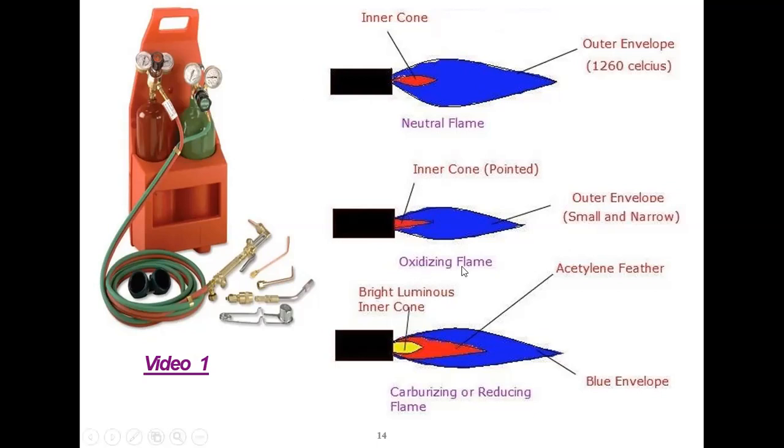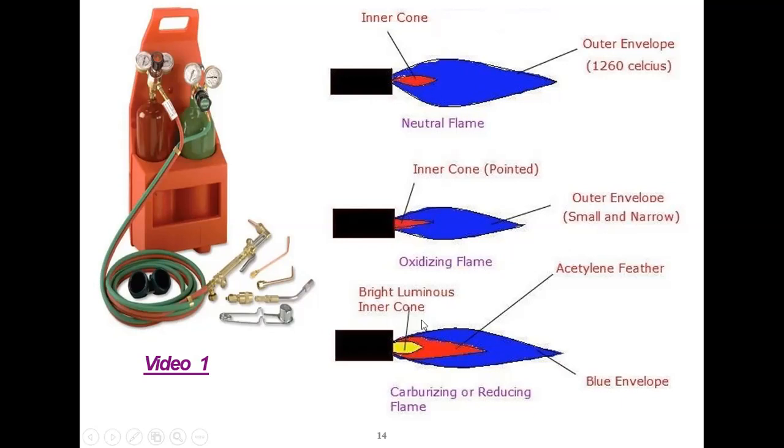In case of oxidizing flame, the percentage of oxygen will be greater than the percentage of acetylene. And in the carburizing flame we can see the reverse, that means the acetylene will be more with respect to the oxygen. And we can see several differences in this inner cone.